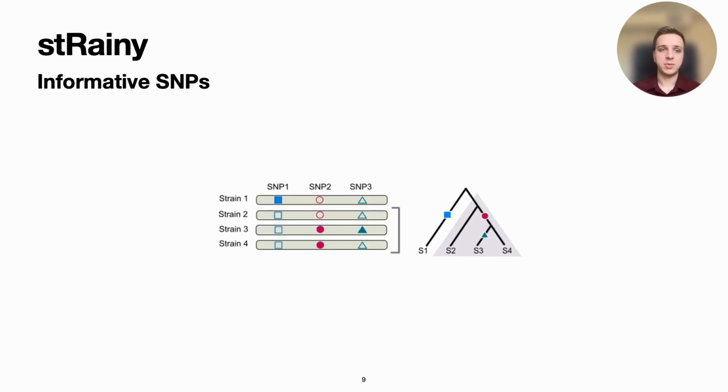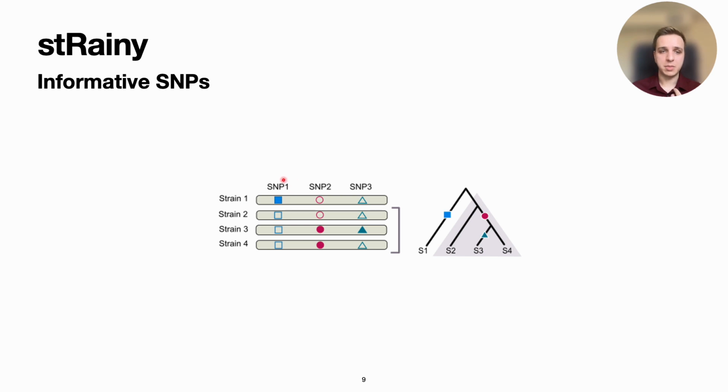The whole pipeline of stRainy relies on something that we call informative SNPs. An informative SNP in this case is an SNP that separates a set of reads into two non-empty sets. If you look at this figure, for example, let's say we have three different SNPs, SNP 1, 2, and 3, and let's say we know that we have 4 different strains.